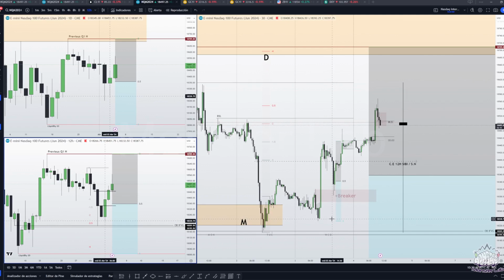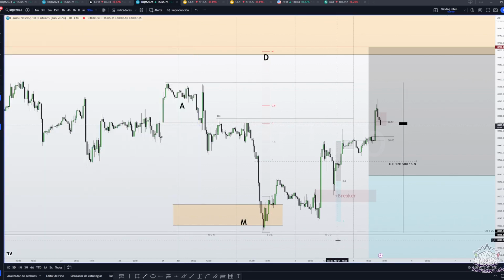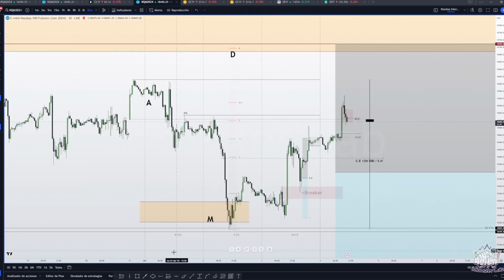For example, in Nasdaq, the better setups are in the London session or in the close PM of the previous session.